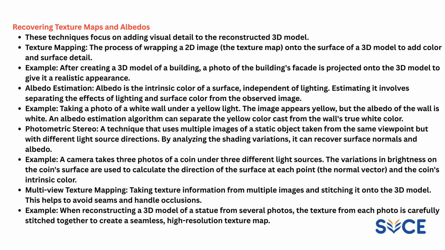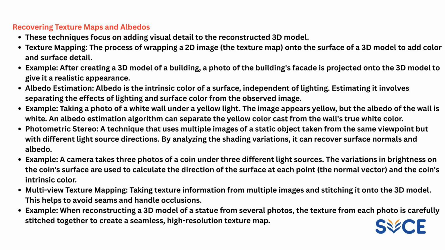This solves two problems. One is occlusion. If one side of the statue was hidden in one photo, maybe another photo shows it. So it is easy for us to build on that. Next is seams.